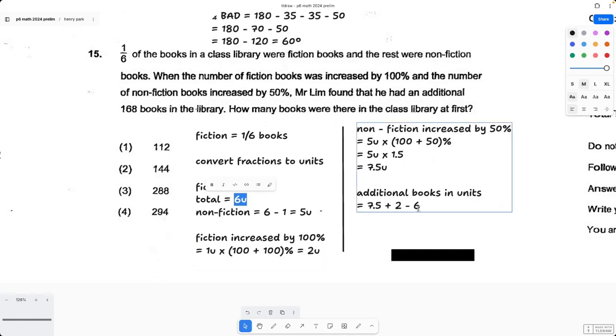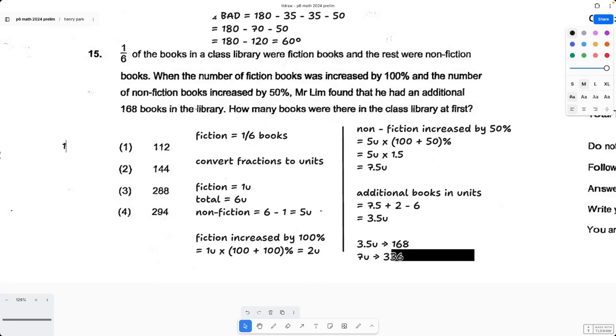That's 6 units, right? So basically it's equal to 3.5 units. So that means 3.5 units is equal to 168. Let's multiply by 2 so it's easier to calculate. 7 units equal to 336 if I'm not wrong.